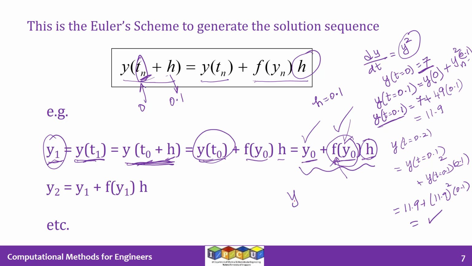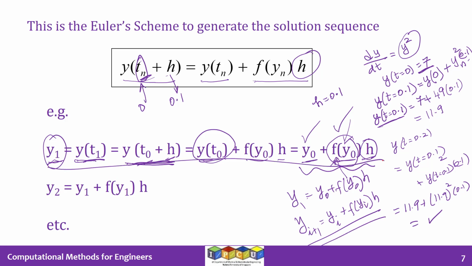So the equation is y1 is equal to y0 plus f of y0 times h. In general, I can write it as y at i plus 1 is equal to y at i plus f of y at i times h. So if you put i is equal to 0, you're going to get this expression. If you put i is equal to 1, you're going to get this expression.